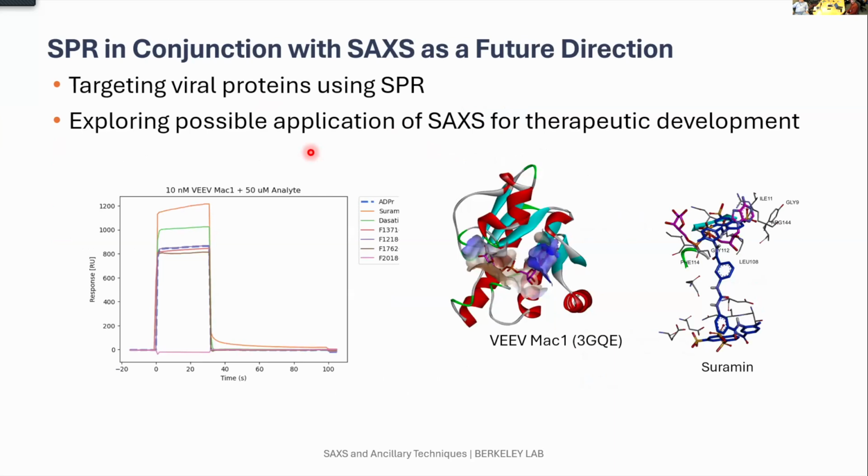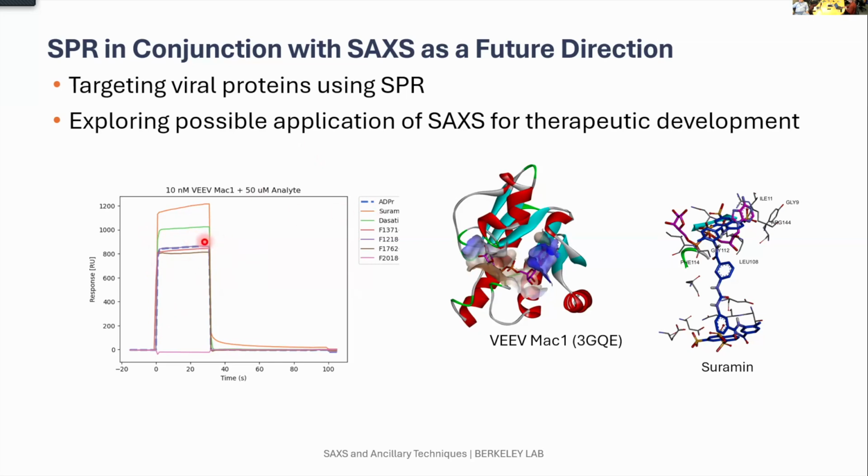And finally, some experimental data that I obtained just recently. Being a part of Brave Task Force 5, we've been targeting viral proteins. And here what you can see is very fast on and off kinetics with pretty high concentration of analyte, so just based on qualitative signal intensity, we can judge about this interaction.